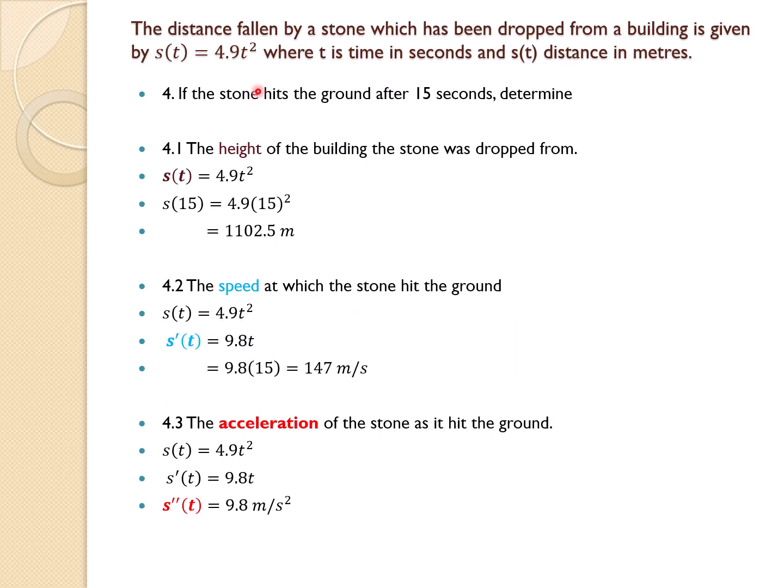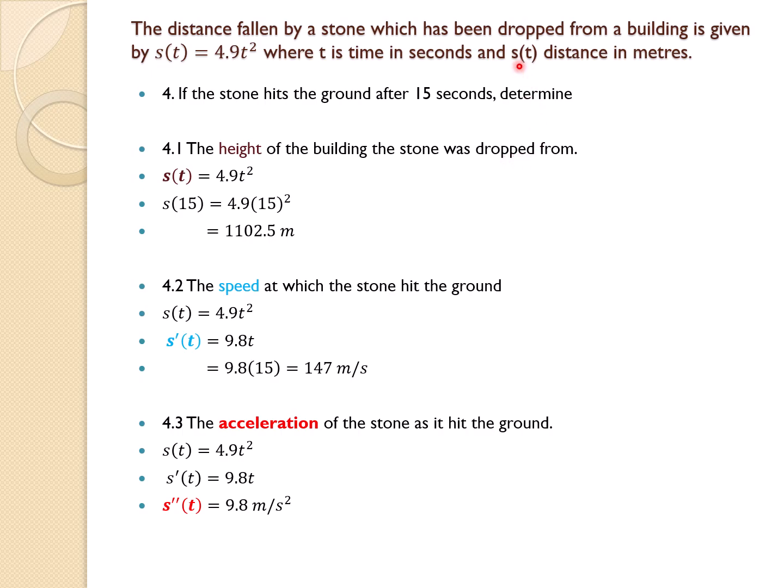The distance fallen by a stone dropped from a building is again given by s(t) = 4.9t squared, where t is the time in seconds and s(t) the distance in meters. Now they say the stone hits the ground after 15 seconds, so it takes 15 seconds for the stone to reach the ground. Determine the height of the building the stone was dropped from.